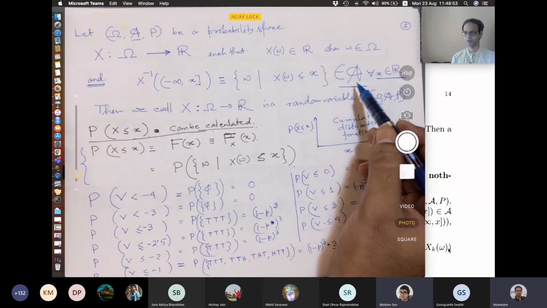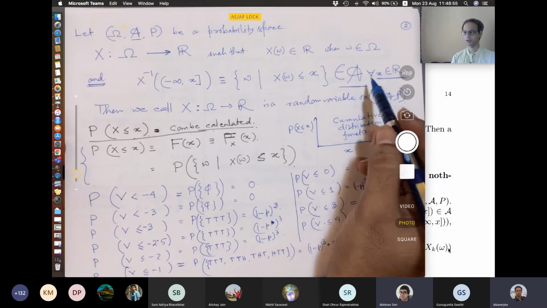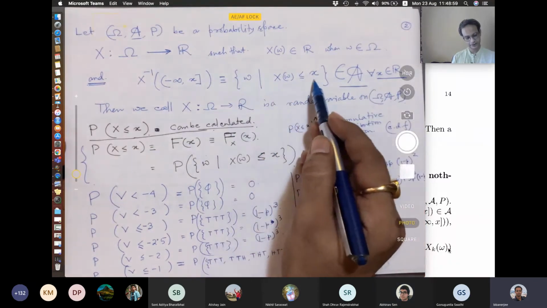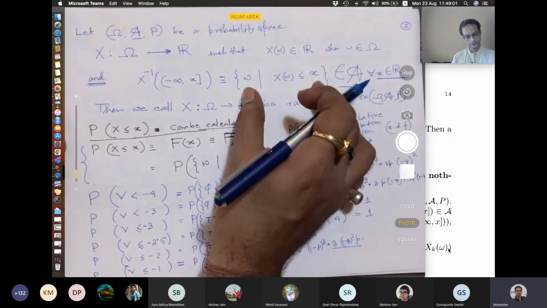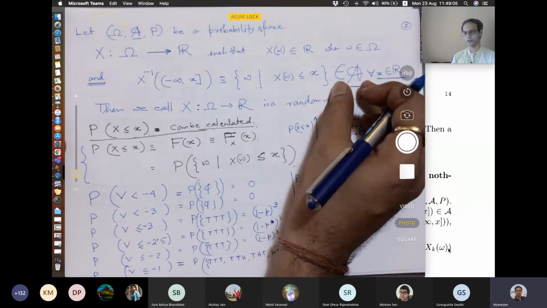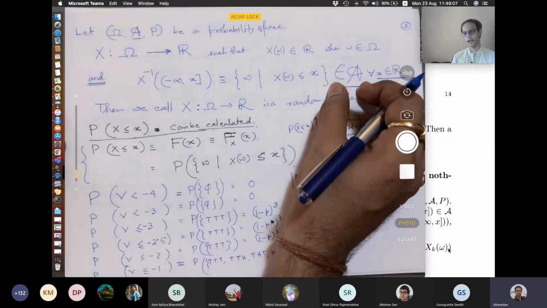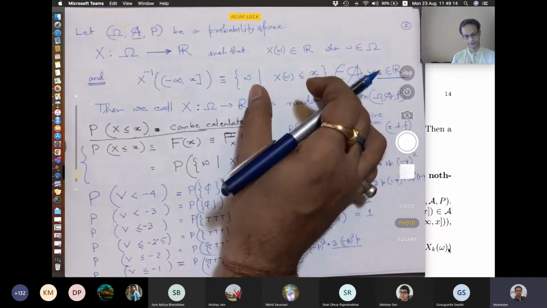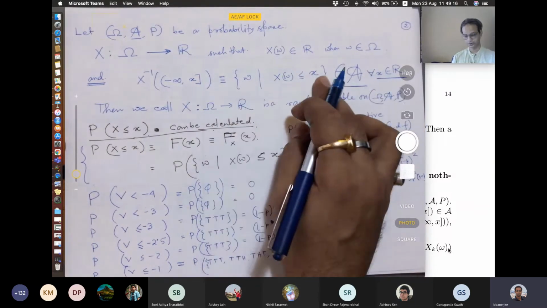So if this is satisfied, and your sigma field contains that set, then only can you have the probability of that set, X less than or equal to small x.